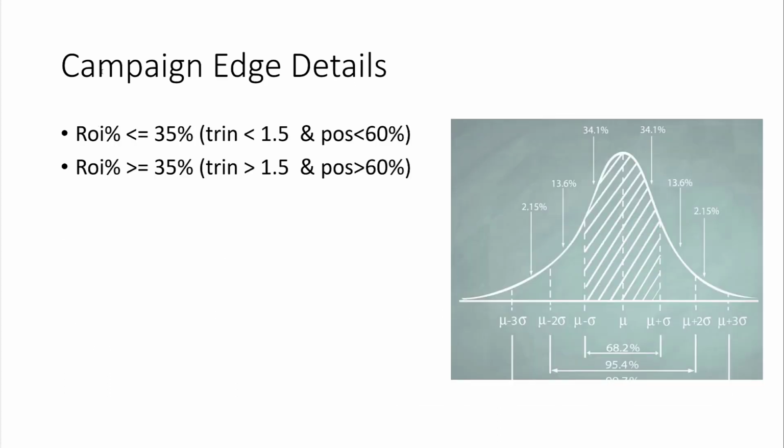The campaign edge details, this is what it looks like. So if the return on investment is less than or equal to 35%, then you're going to look for market internals of less than 1.5. So that's kind of like the warning sign. And if it's greater than 1.5, then your return on your investment is going to be a lot greater. And this is going to be the campaign edge that differentiates a lot of the gap reversal strategy traders.